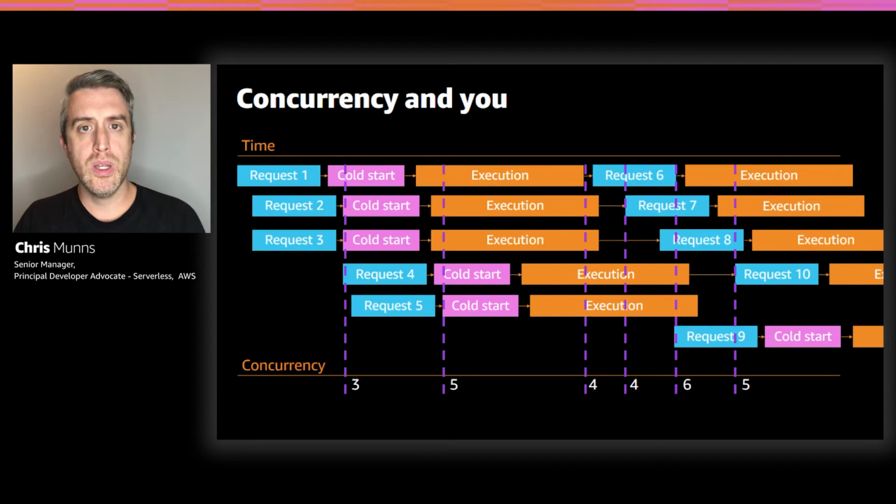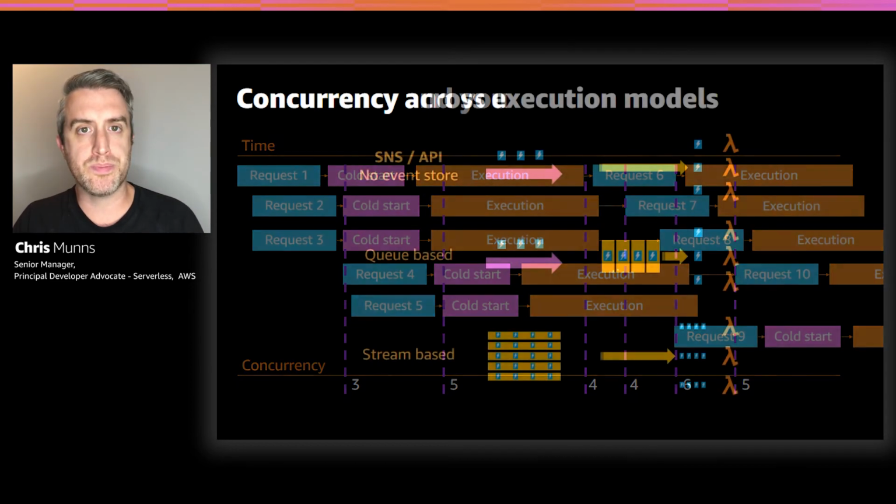Why does this matter? Well, when it comes to thinking about how you would consume requests or events from your upstream service, the concurrency that's available to you, and how that concurrency is executed upon inside of your account, becomes really important for understanding the scaling properties of Lambda.